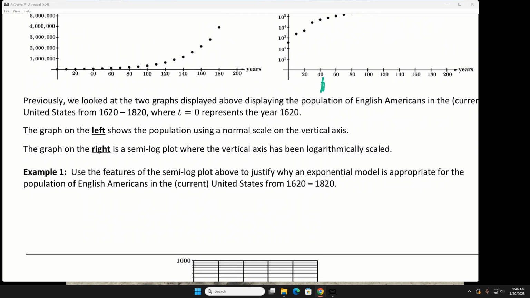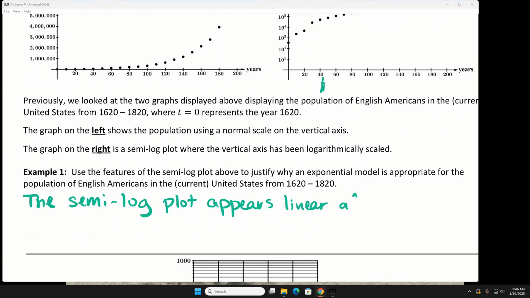So let's jot that down. The semi-log plot appears linear after 40 years. So the exponential model is appropriate.